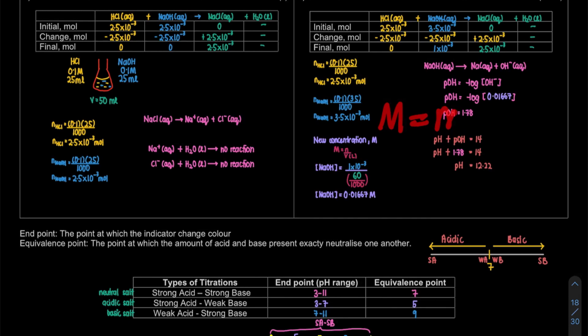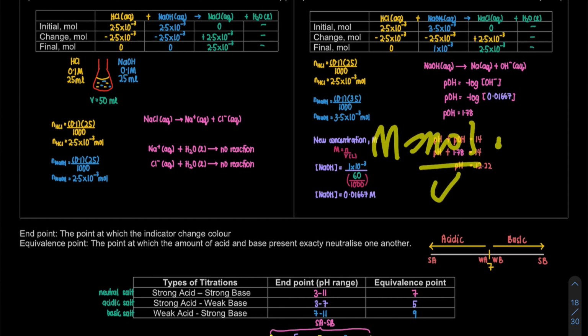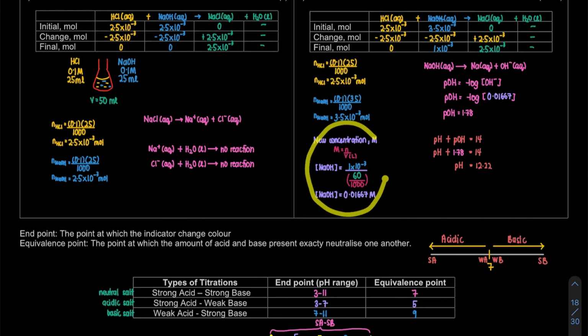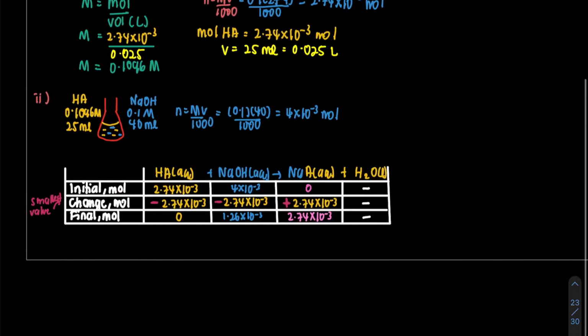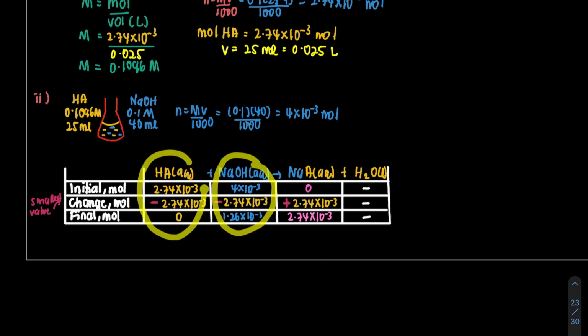Molarity is equal to mole divided by volume. Just now we only found our mole. The volume we don't know yet. This is the new concentration of what is left. In our example here, what we have is our sodium hydroxide, because this one will be 0.